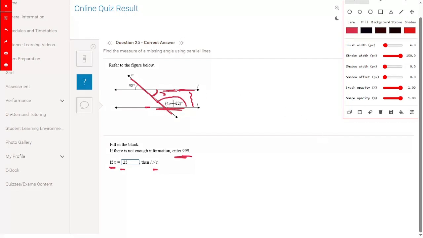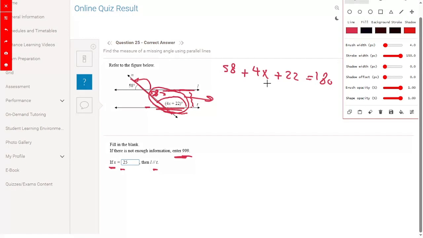This angle is vertical to this angle. This is 58, so this angle is 58. If these two lines are parallel, the summation of these two angles is supplementary, that means equal to 180. So 58 plus 4x plus 22 will equal 180.